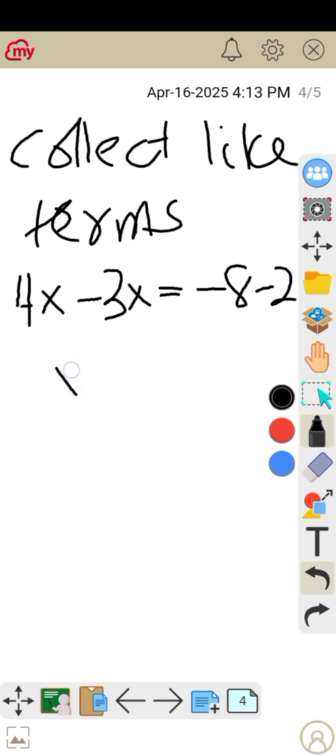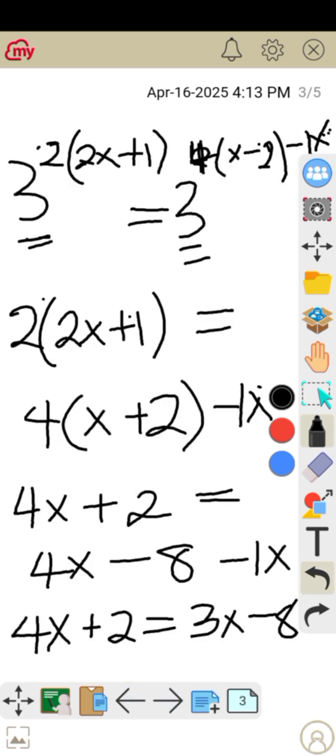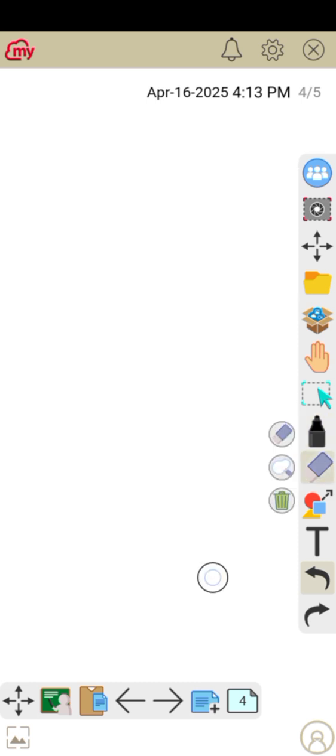So 4x minus 3x will become x, we'll have minus 10. So this becomes our final answer, where x is equal to minus 10.